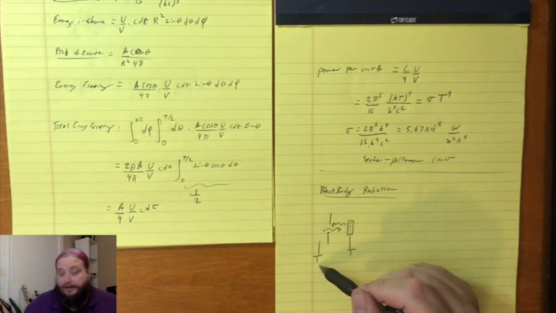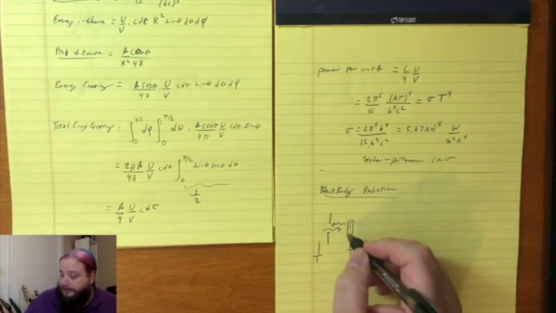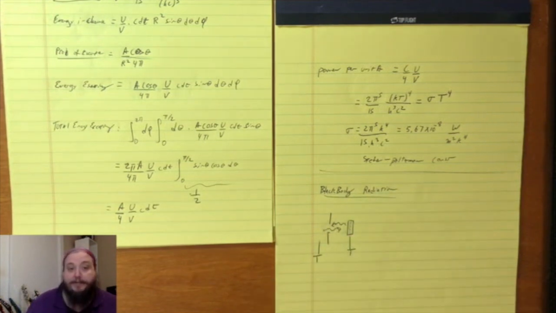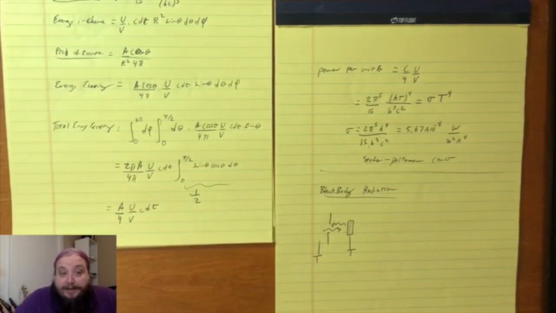Therefore, if no net energy must flow, then the total energy flowing into this must equal the total energy flowing out of that. In other words, the black body has to have exactly the same power as the oven.